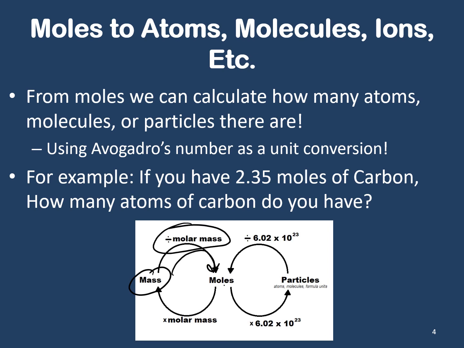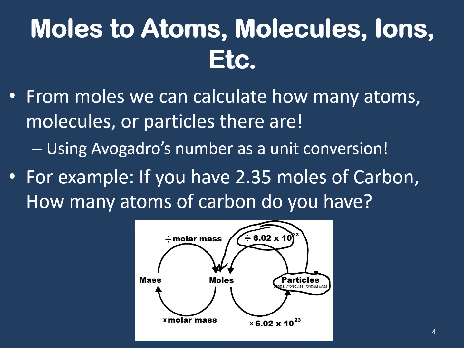If I then want to get from moles to particles, I multiply by Avogadro's number, right? If I know how many particles there are, I need to divide by Avogadro's number to get to moles, and then I need to multiply by molar mass to get to mass if I want to. These two factors, molar mass and Avogadro's number, often work together to go from one thing to another. Grams to moles to particles.